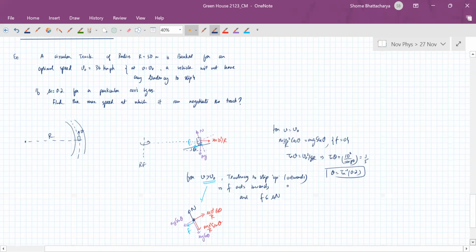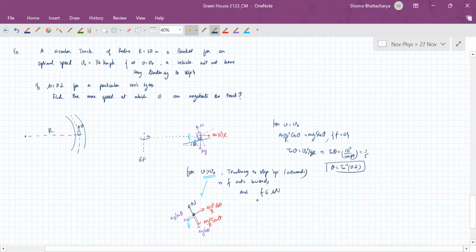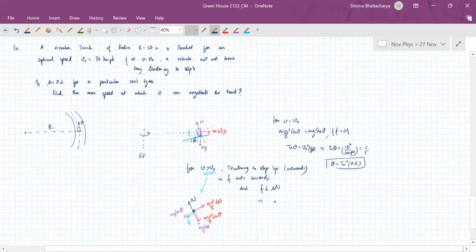Okay, so when we incorporate this over here, we can see that the friction that is acting is equal to mv square by r cos theta minus mg sin theta, and this should not exceed mu into n, where n will be mg cos theta plus mv square by r sin theta.